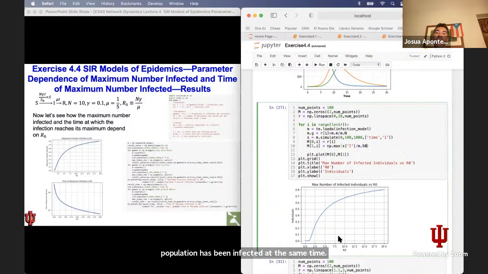So you can imagine how catastrophic it would be if it was, let's say, 50% of your population or 80% of the population.